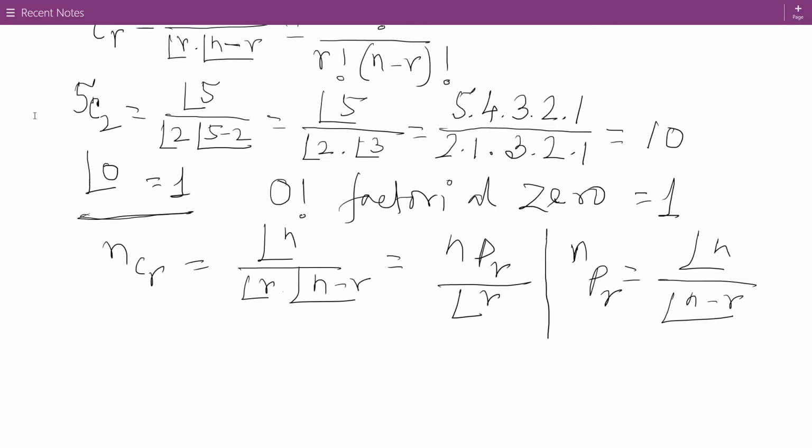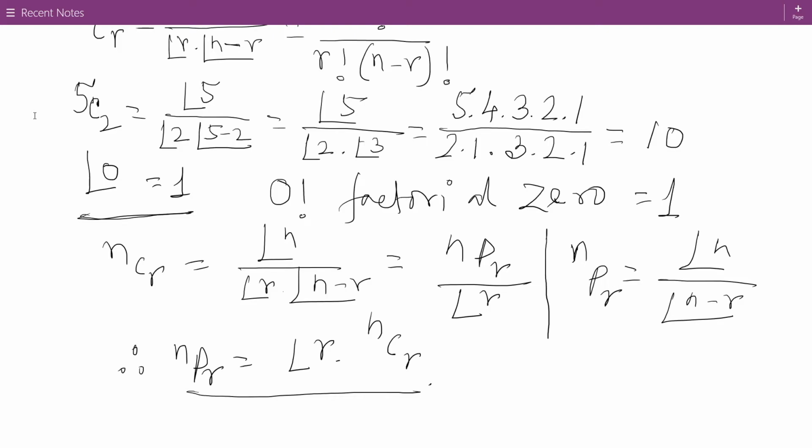You write factorial n by factorial n minus r is nPr. Therefore, you can also write nPr equals factorial r into nCr. This is another formula.